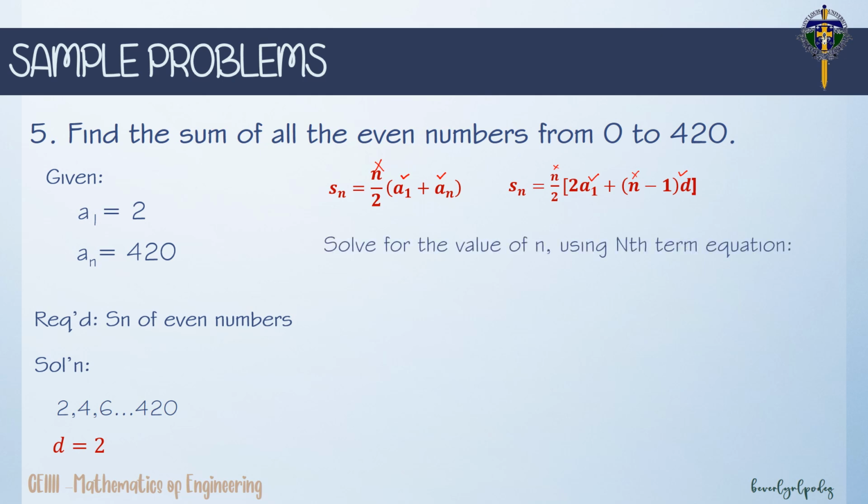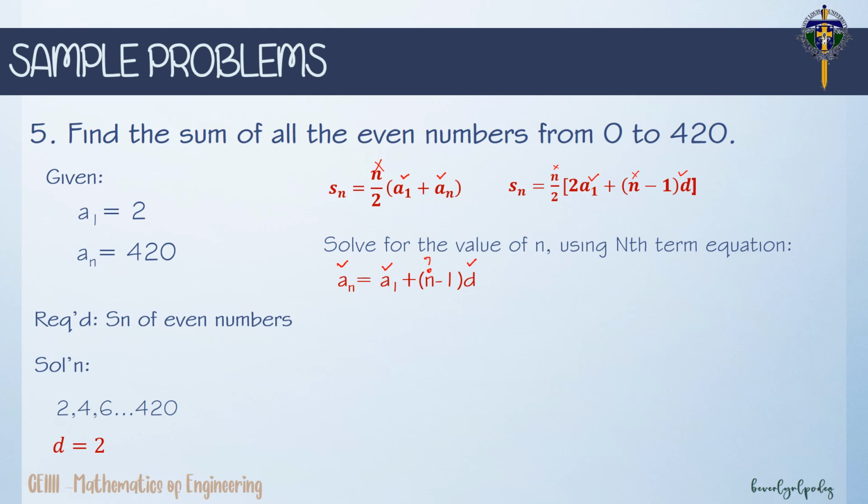To solve for the value of n, we will be using the nth term equation, which is a sub n is equal to a1 plus n minus 1 multiplied by the common difference. We know the last term, we know the first term, and we determined the common difference, so we are left with one unknown.